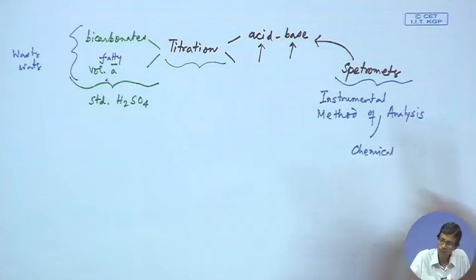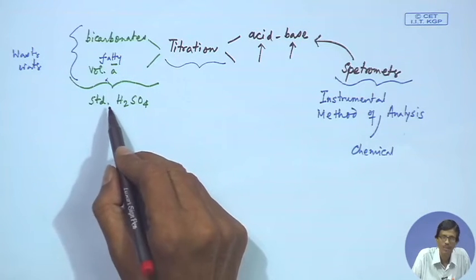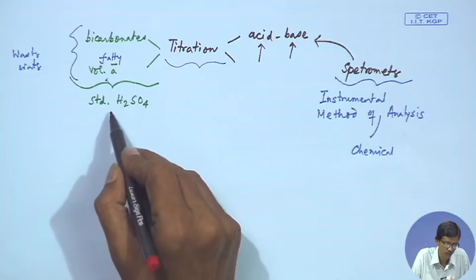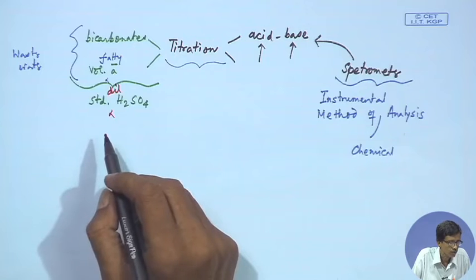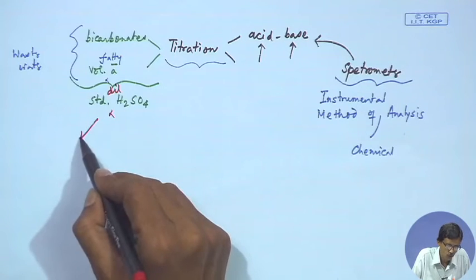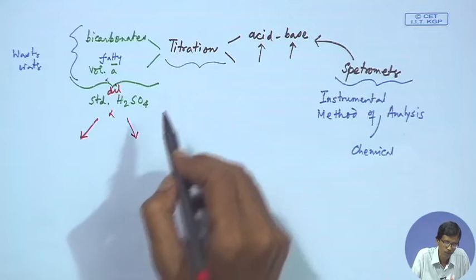So, when we go for this particular titration using a standard sulfuric acid solution, obviously it is a standard and dilute solution. For these two components, we basically have two analytes.